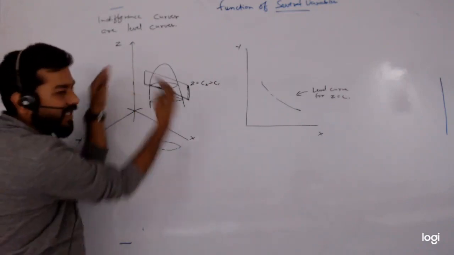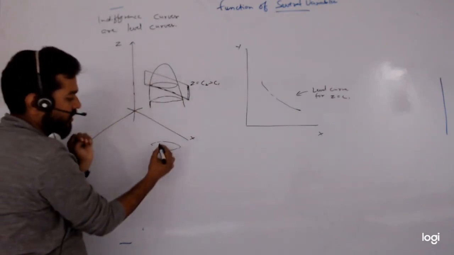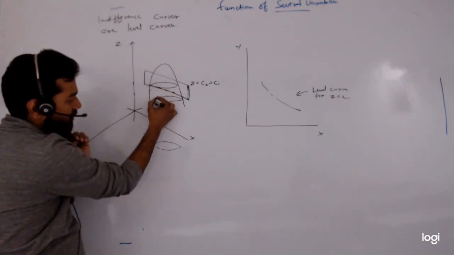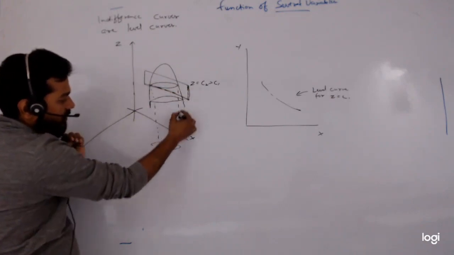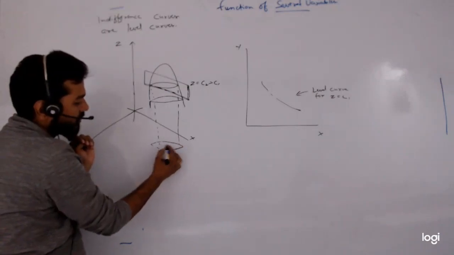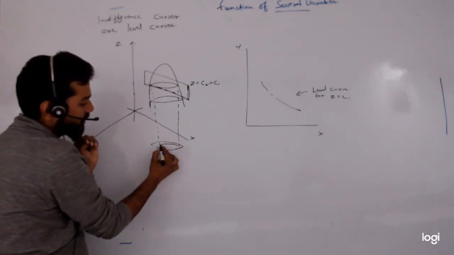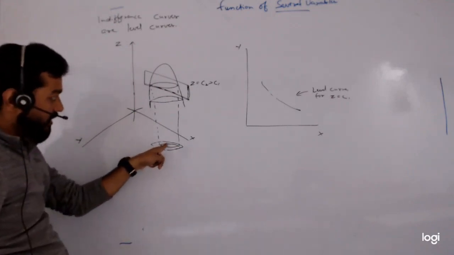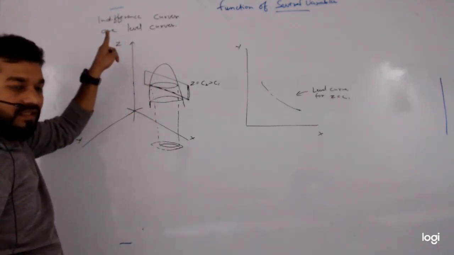Okay. Now it's a paraboloid, so the image of this here is going to be like this. Along this level curve, the value of z is increasing.